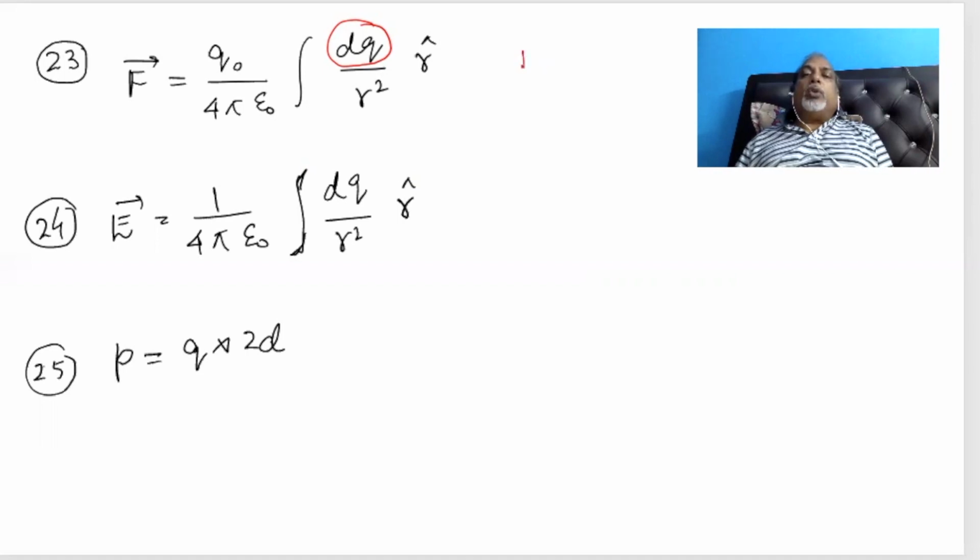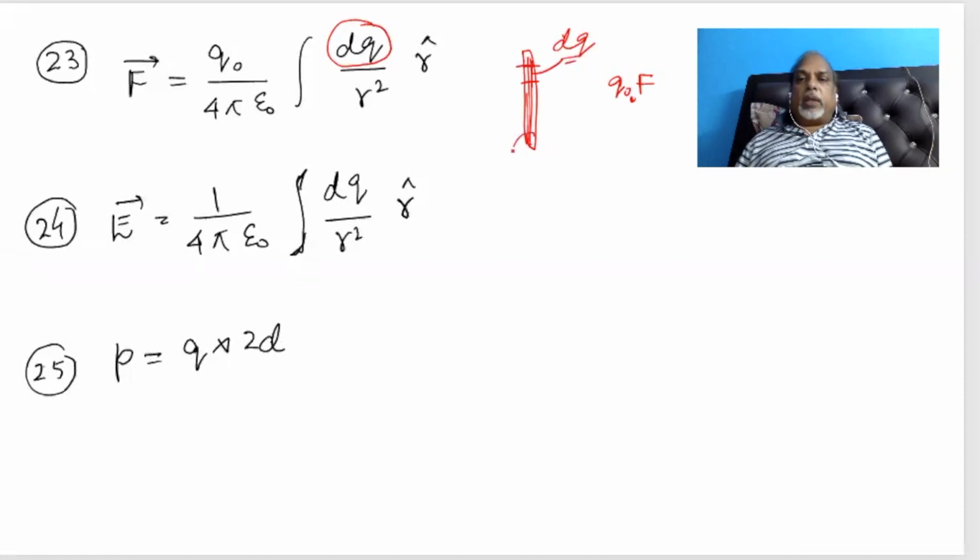Suppose you have a rod with uniformly distributed charge, and you want to find the electric field force at this point, where charge Q0 is there. So what you can do is take a dq charge.